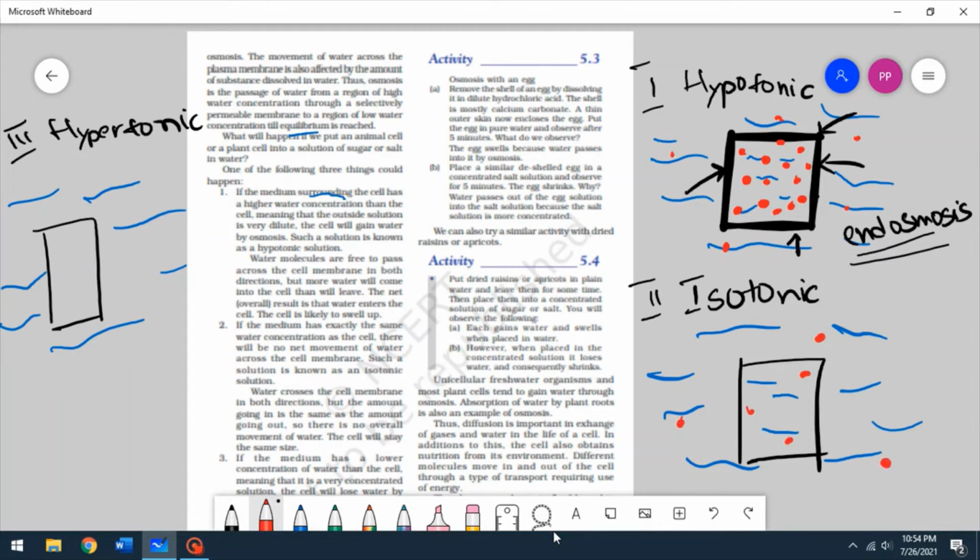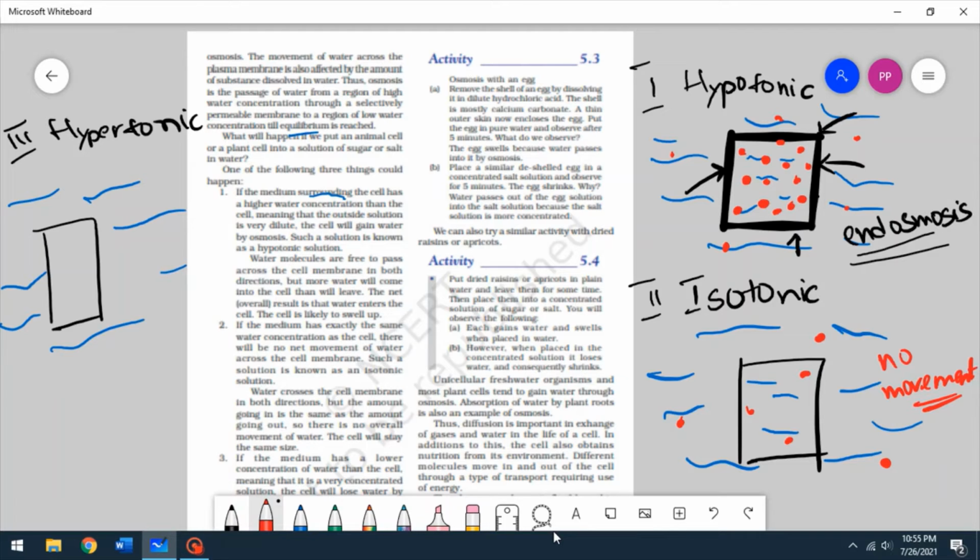Okay, so isotonic solution, it's the equilibrium point. In the definition of osmosis, we saw that the movement occurs until equilibrium is reached, while the isotonic solution already has equilibrium reached, so there is no movement. And then we move on to hypertonic solution.